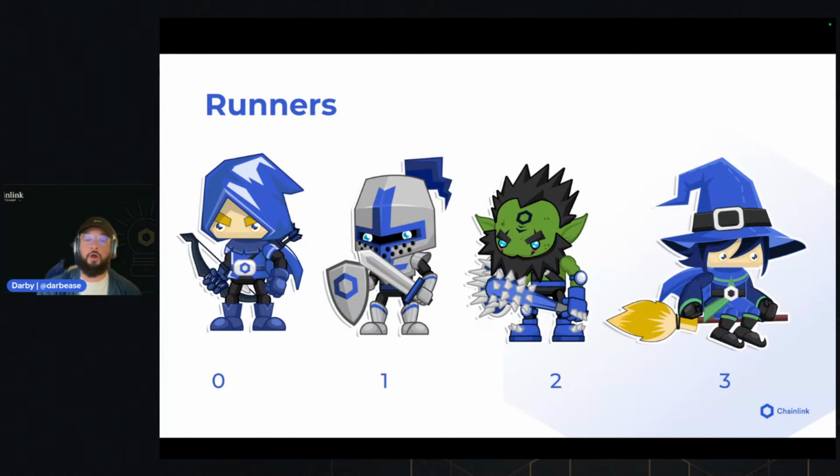Here we have our different runners: the elf, the knight, the orc, and the witch. Each one of you will be able to choose one, and then we're going to pit one against the other, and we're going to have them use a run function that will take the random number request and create the distance that it goes. We're going to send a few rounds of this game just to show you how to do it, and then we're all going to compete together.